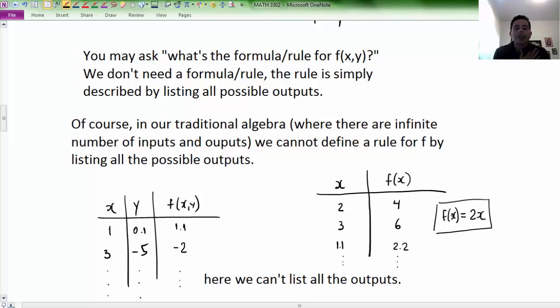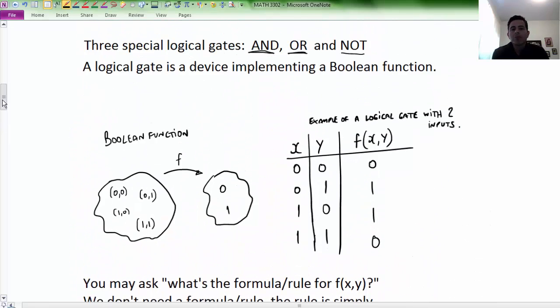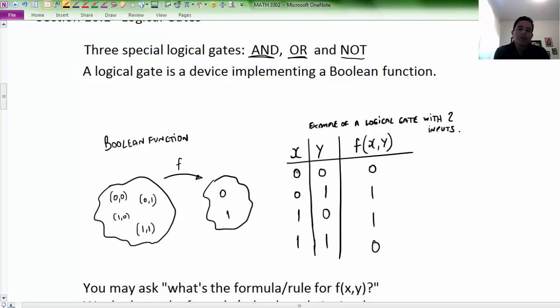Formulas are useful when you have an infinite number of numbers in your domain, and for each element in the domain, you need to define the outputs. For Boolean functions, you don't need a formula because we can simply list all the possible elements in the domain. And for each element, we simply say, this is the output for that, this is the output for this, and so forth. Eventually, it will end because it's finite.